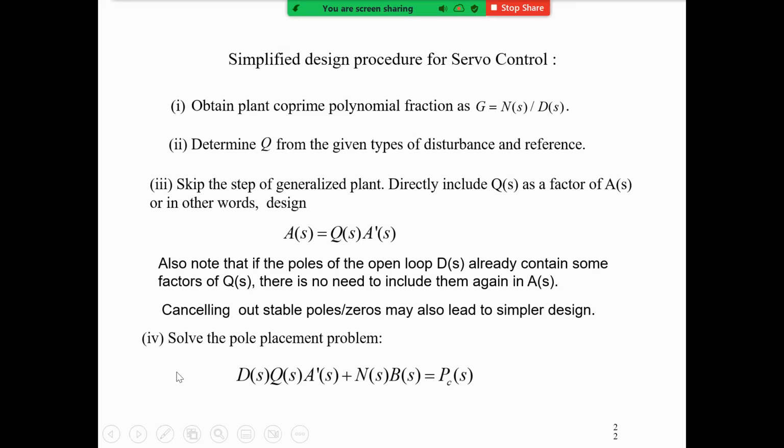Okay, so then finally, to solve this pole placement problem, you just plug in the polynomial and compare the coefficients. Once again, when you do this, if you realize that the number of design parameters is not enough and cannot satisfy all the equations, it just means that you have to increase the order of your controller.